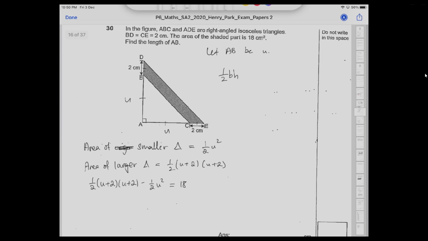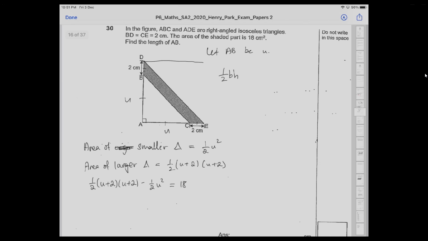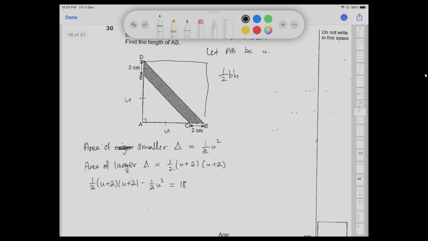Alright, another way I can think of is if you visualize it as a square. Sorry, my drawing's bad. If you visualize it as a square, and this would be U, this would be U, this would be the same area. So if you visualize it as a square, perhaps it will be easier.